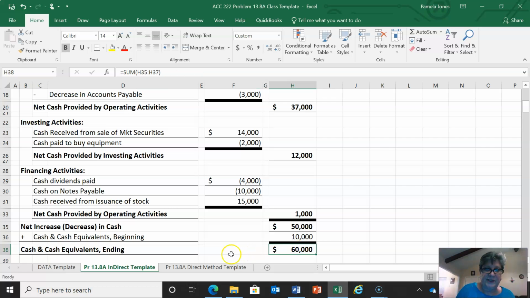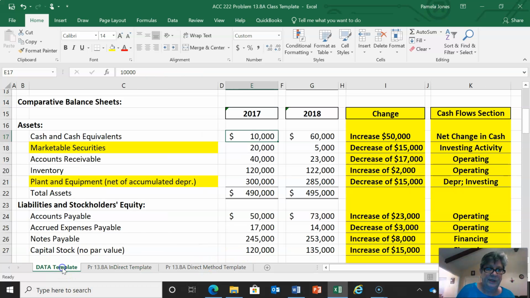And we got $60,000 on the cash flow statement. Just to double check, sure enough, that is the amount of ending cash on the comparative balance sheet.